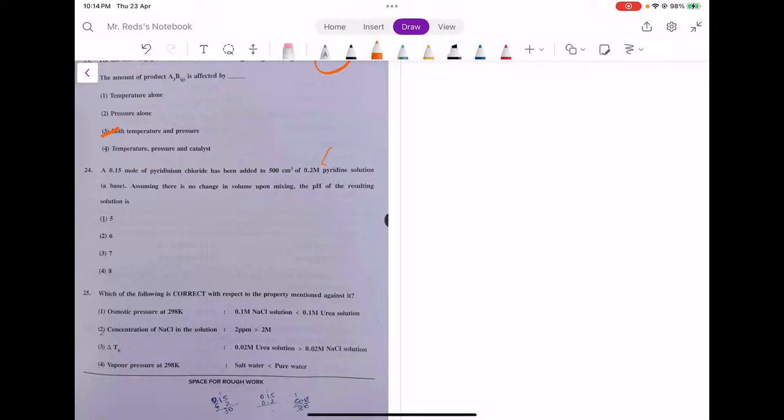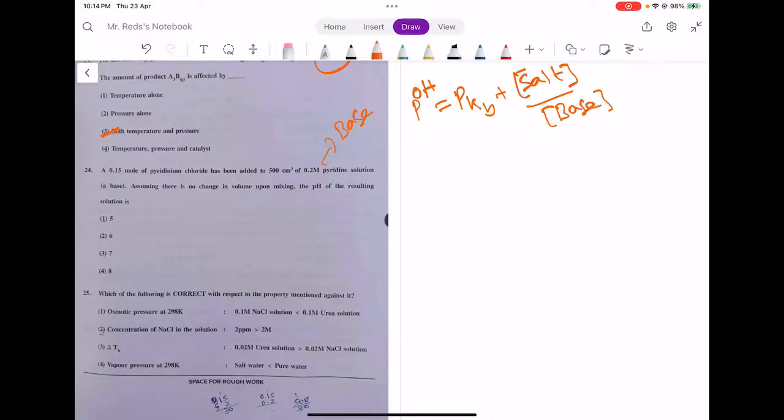Here pyridine is, students, a base, so you can find out pOH. pOH is equal to pKb plus log of salt by base.